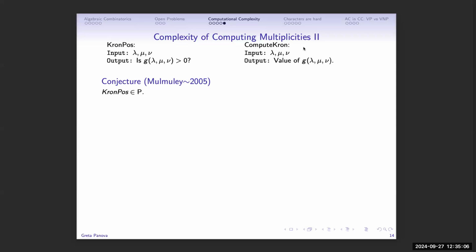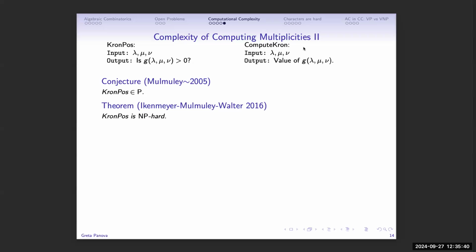And he was kind of wishfully, in analogy with Littlewood-Richardson, saying that Kronecker positivity is going to be in P, as nice as Littlewood-Richardson, and actually later he disproves himself. That is actually NP-hard. So if we assume P is not equal to NP, which we probably should, then this is strictly worse than Littlewood-Richardson. That's what it means.